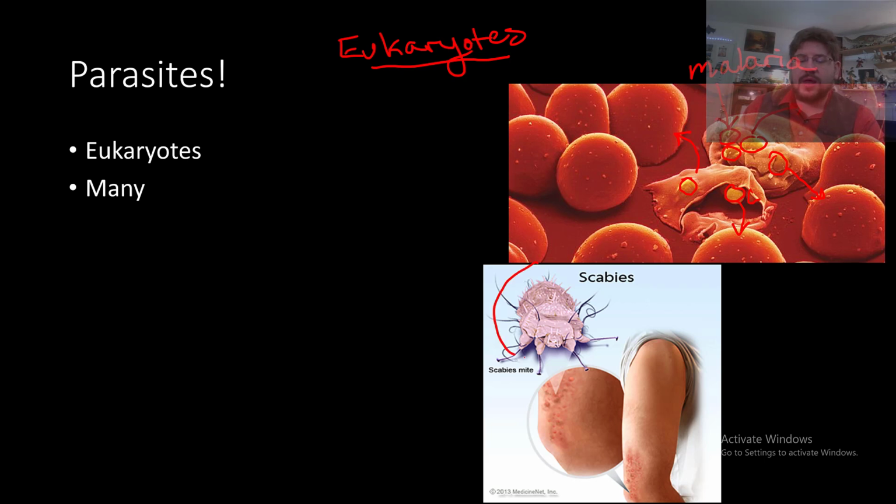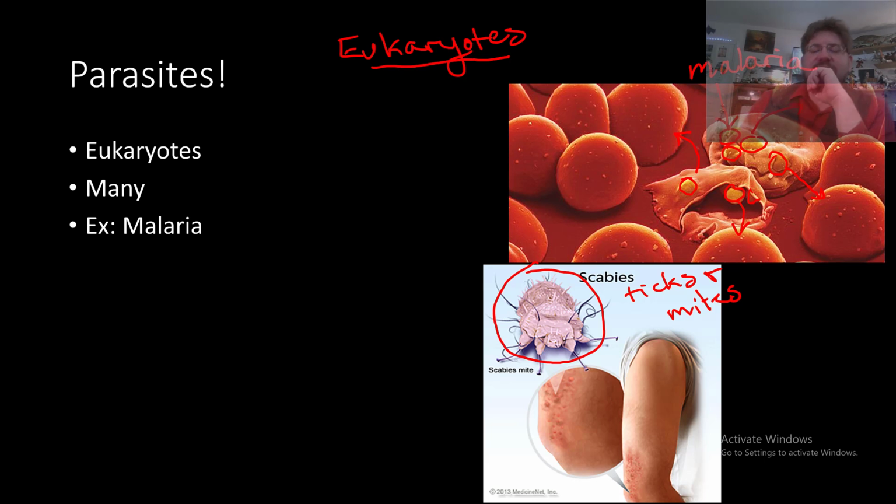Scabies is an example of a little arthropod related to ticks and mites. Right? So the scabies organism burrows into the top layers of your skin and feeds on the keratin and the connective tissue of your skin, right?